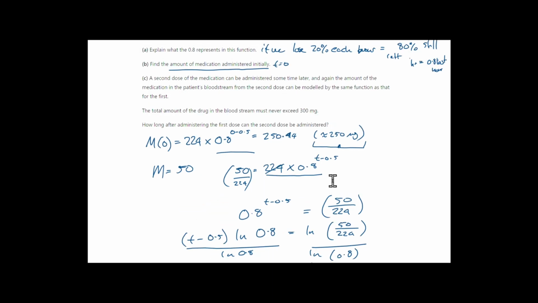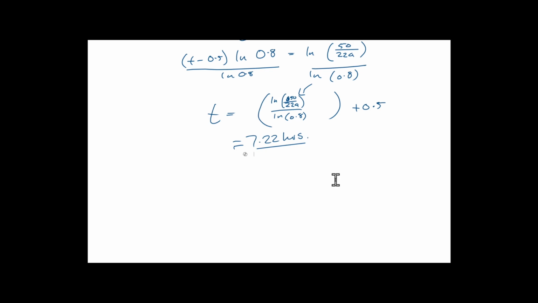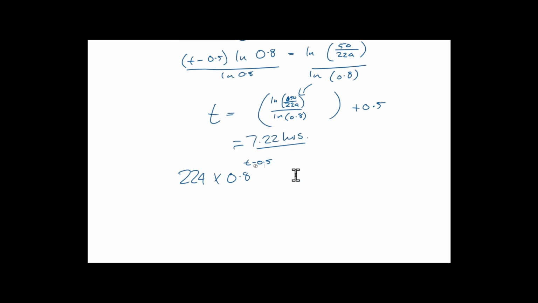Okay, I'm going to check that because that doesn't sound right. 7.22. So 224 times 0.8 to the power of t minus 0.5. I'm going to put t equals 7.22 in there.